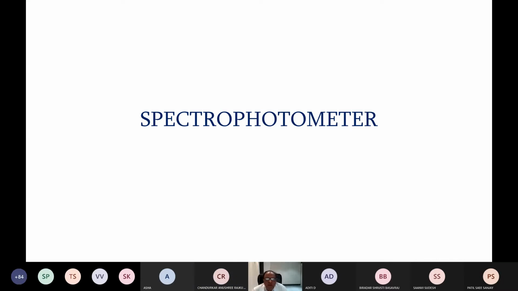So today we will introduce the spectrophotometer and its uses.